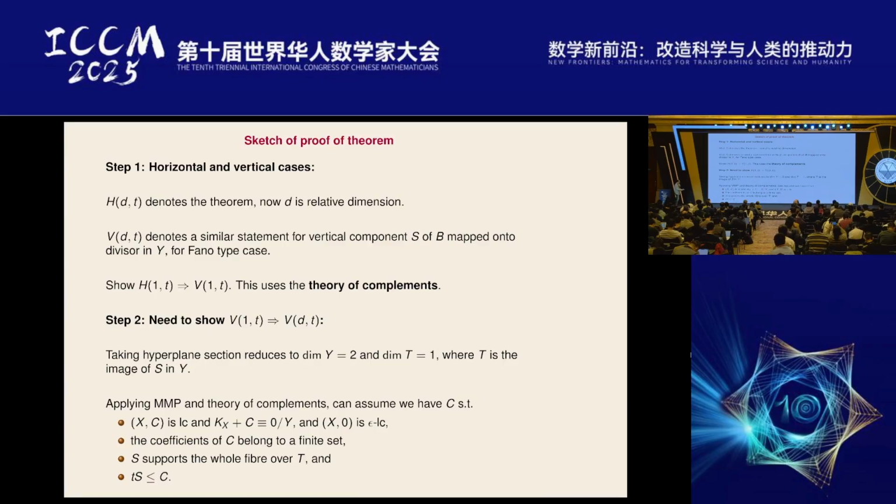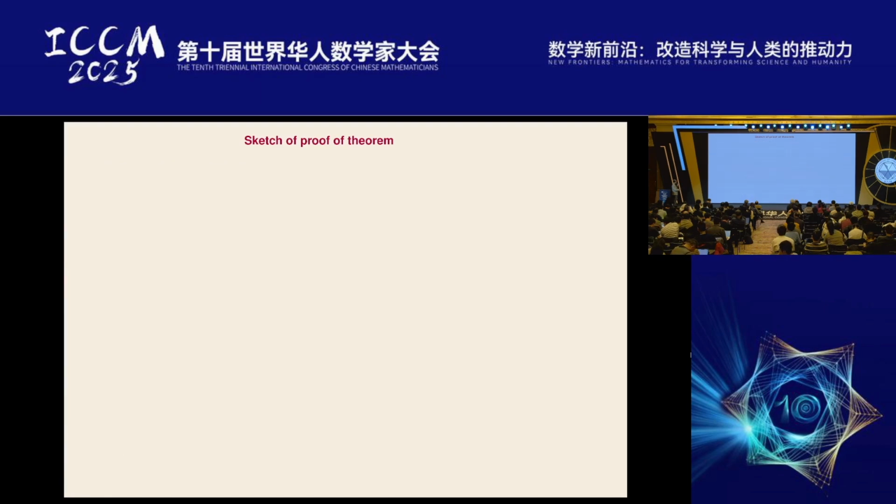So from that, you get another boundary divisor C, which has controlled coefficients, so they are not arbitrary anymore, and it also has the same Calabi-Yau condition together with some even better singularity conditions. And moreover, this new boundary contains our components. Okay, so we reduce after some lengthy arguments to this setting.